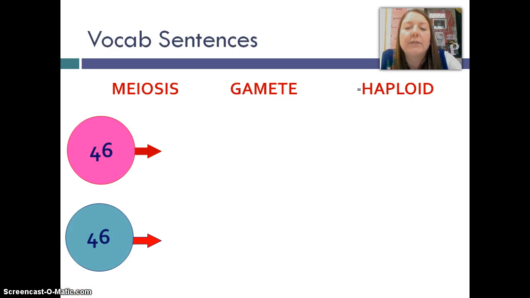Now, what I'd like you to do is flip over your sheet of paper, and if you are in Chance's row and everyone to her right, I'd like you to jot down the 3 words in red on your half sheet on the back. Jot down the word meiosis, gamete, and haploid.